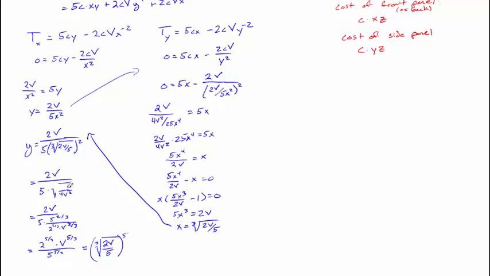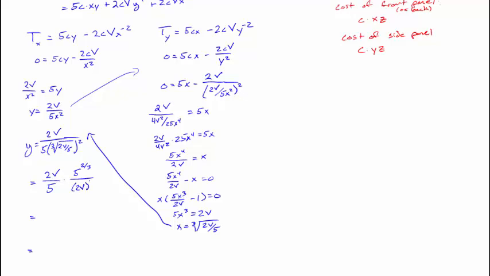Okay, backing up just a bit here. I'm sure some of you are like, wait, what's going on? Yes, I made a mistake. I am human. I do it. Let's just go back and rehash this real quick. So this is 2v over 5 times, I do want to do exponents here. So this was going to be 5 to the 2/3 over 2v to the 2/3.